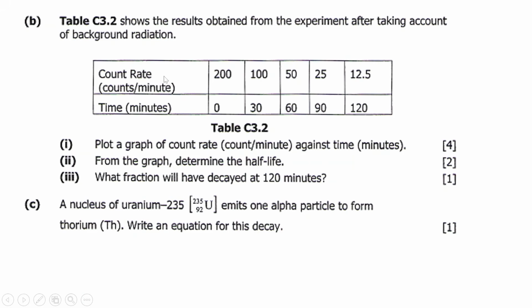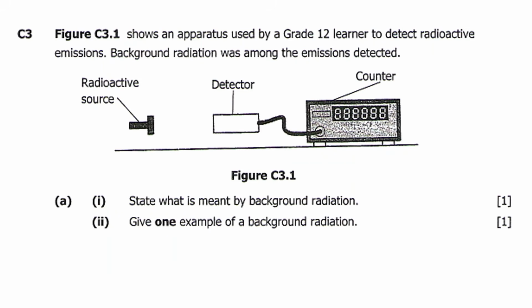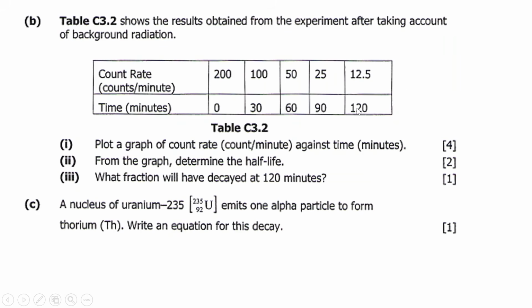There was the count rate, how much the machine was counting per minute. When the radiation comes from here and is detected, it is sent here. So how much radiation was counted per minute was recorded as numbers. We have count rate, which is counts per minute, and then we have time in minutes.